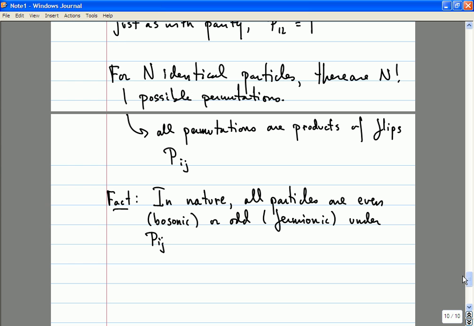So if you have a system of n bosons, and you act with this permutation, then you'll find that P has eigenvalue plus 1, whereas for a system of n fermions, you'll find that the action of P gives you a minus sign.